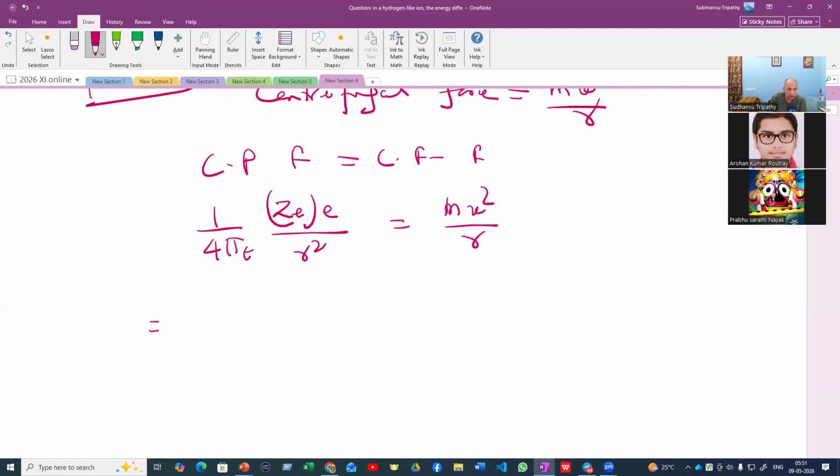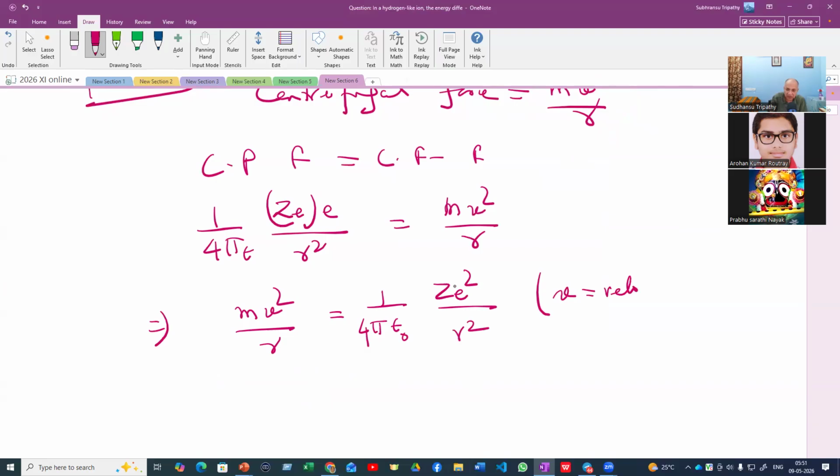So to write in a converse manner, mv square by r is equal to 1 by 4 pi epsilon naught Ze square by r square, where v is the velocity of electron, m is the mass of the electron, which we know is 9.1 into 10 to the minus 31 kg.